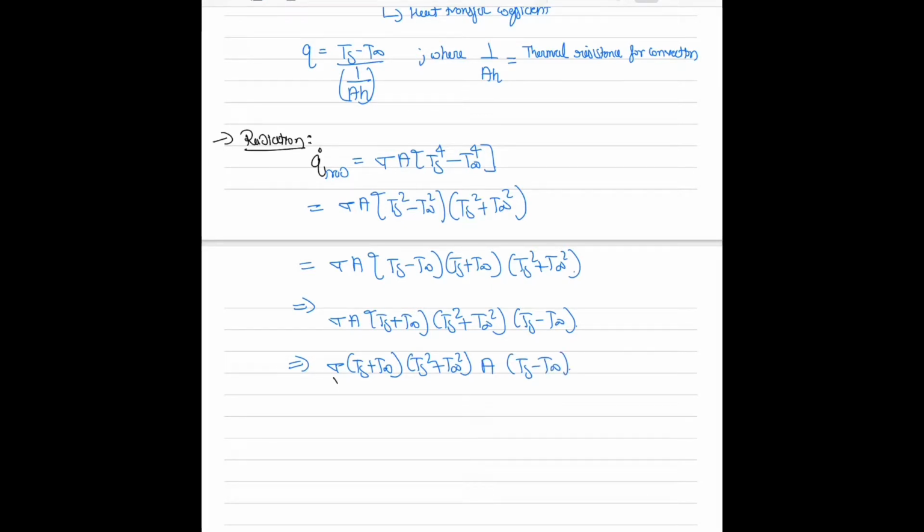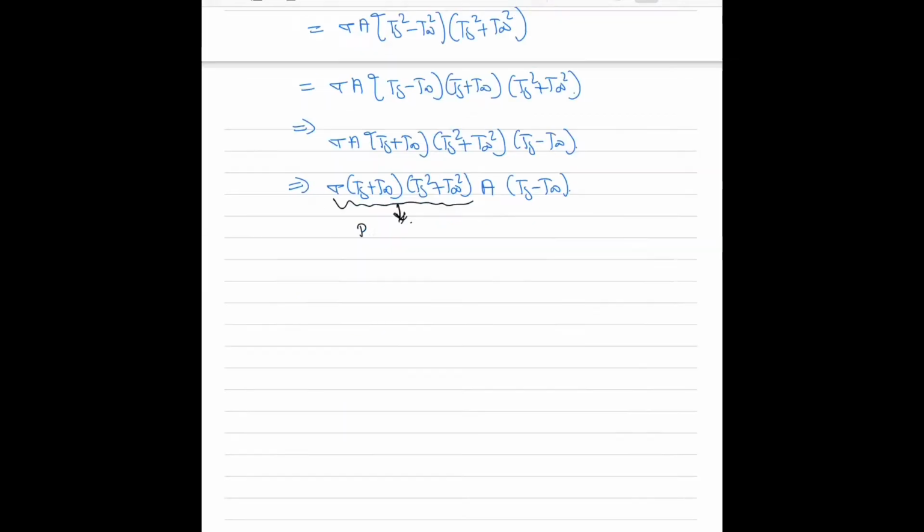So this term is known as radiation heat transfer coefficient, and it is represented as HR.